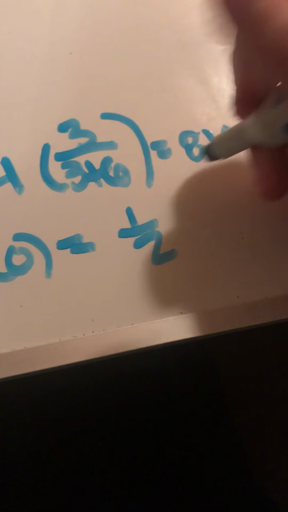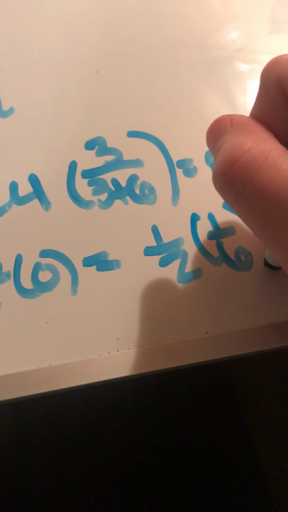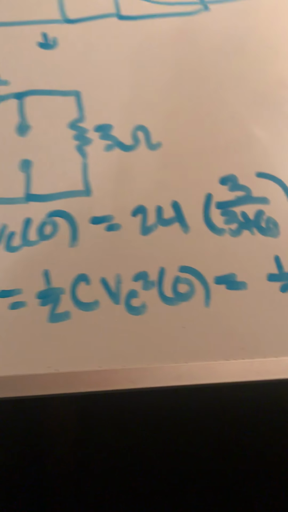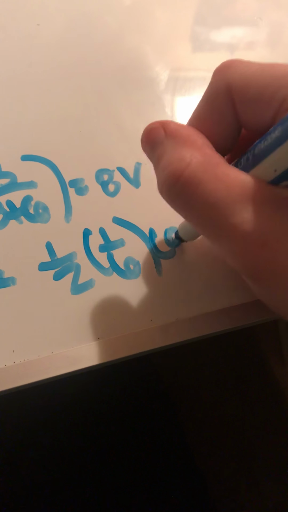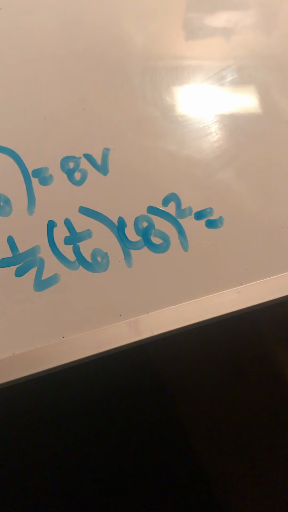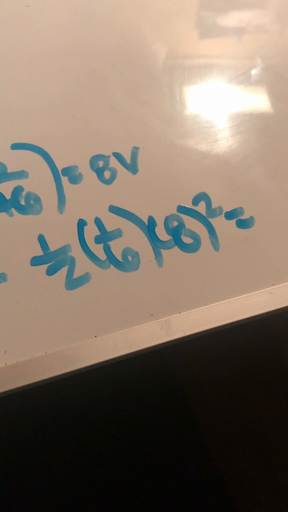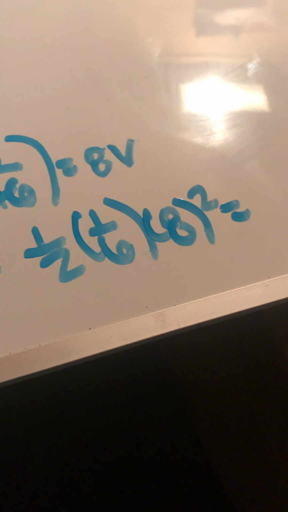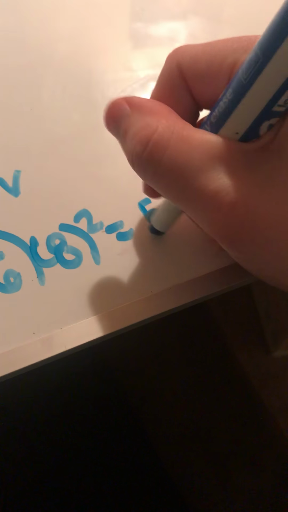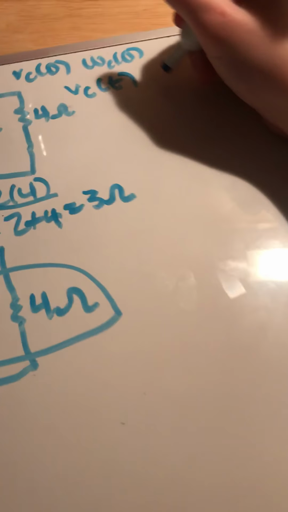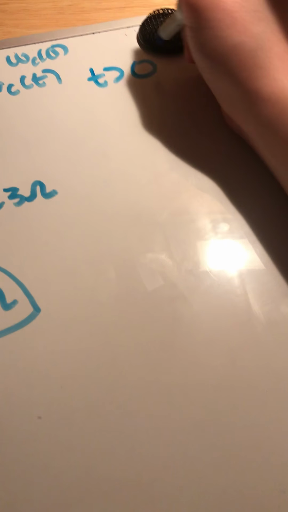So C is 1/6 times VC of 0 squared, which is 8 volts, so 8 squared, which is equal to 5.33 joules.